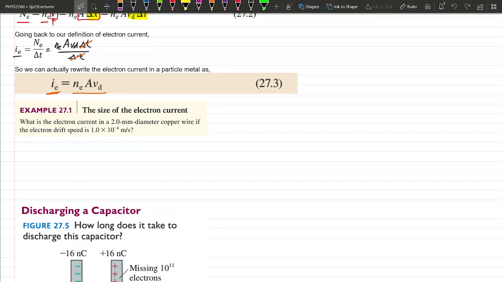Specifically, we're going to talk about the electron current so far. This is just the number of electrons, the book used capital N_E, moving through a wire per unit of time. And we call that lowercase i_E. We're going to see why this is going to be a lowercase thing.